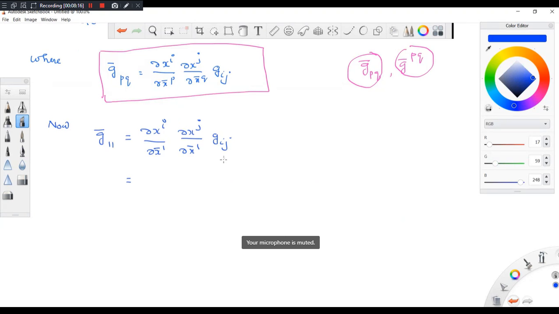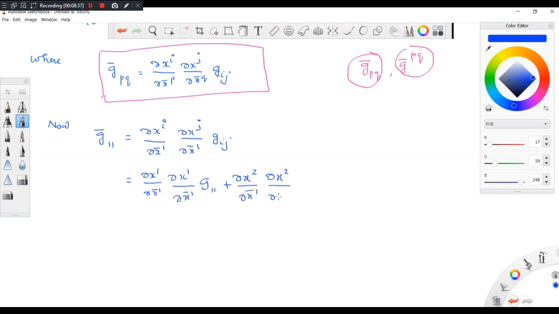Only G11, G22, G33 survive. Other things will become 0. So it is del x1 by del x bar 1, del x1 by del x bar 1, G11 plus del x2 by del x bar 1, del x2 by del x bar 1 into G22 plus del x3 by del x bar 1, del x3 by del x bar 1 G33.